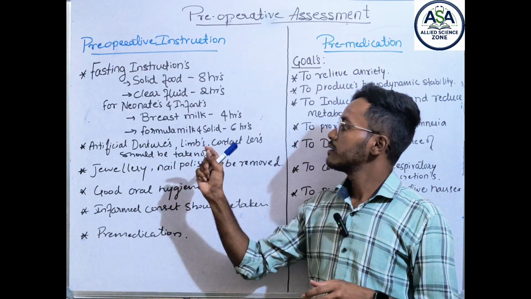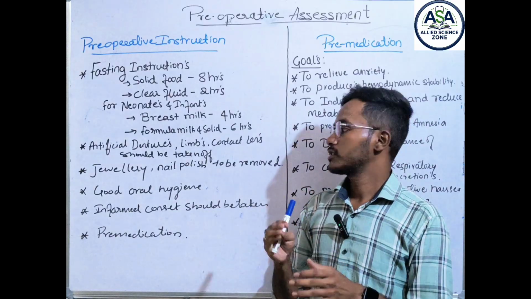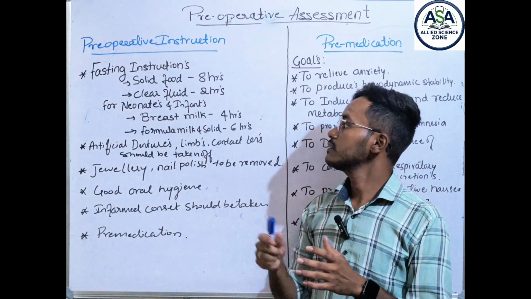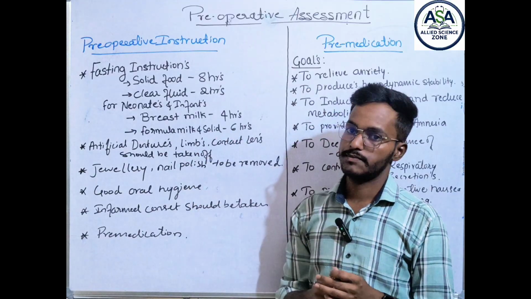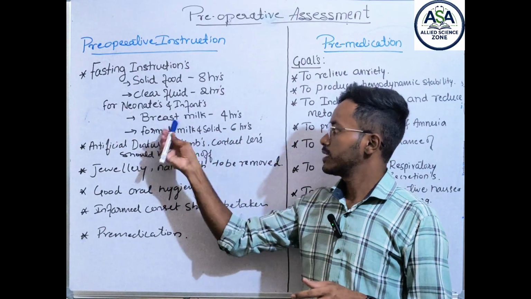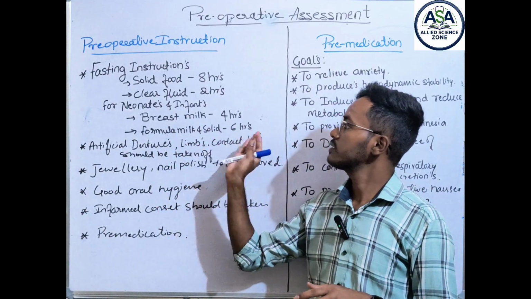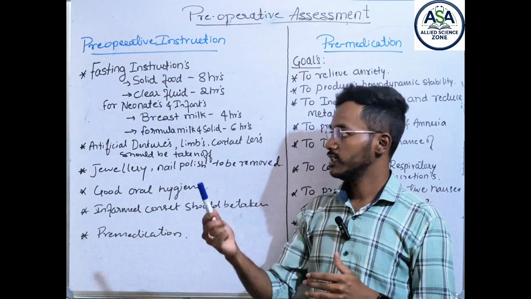Formula milk and solids should be instructed 6 hours. So, 4 hours for breast milk, and 6 hours for formula milks and solids in neonates and infants.